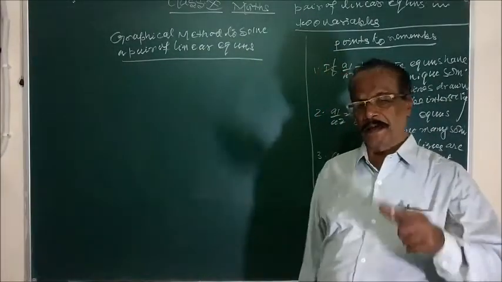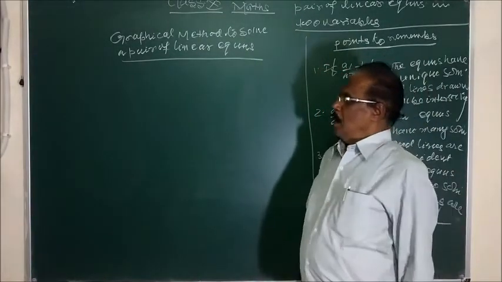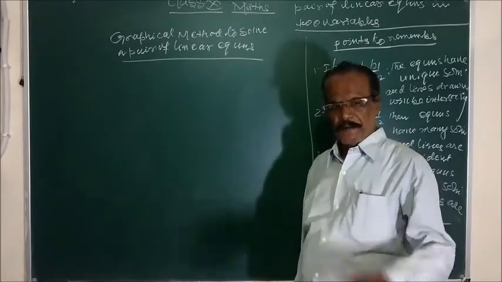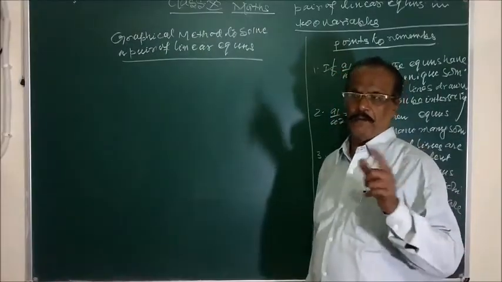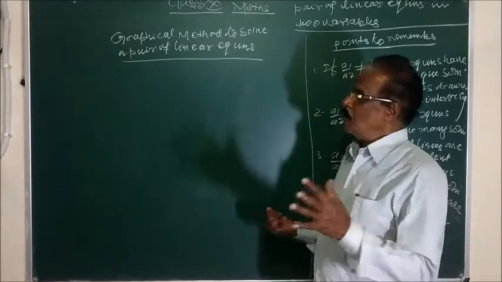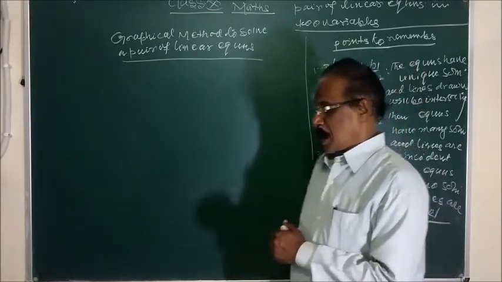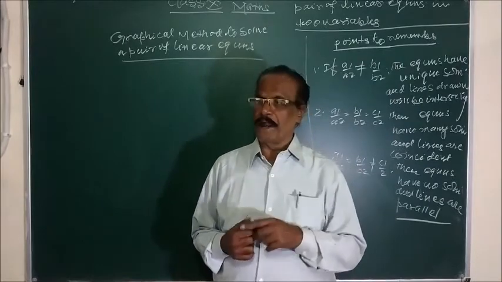How will you form the equation? And I suppose you might have learned how to form the equation from the statements given. Now the question is, how will you solve those pair of equations?